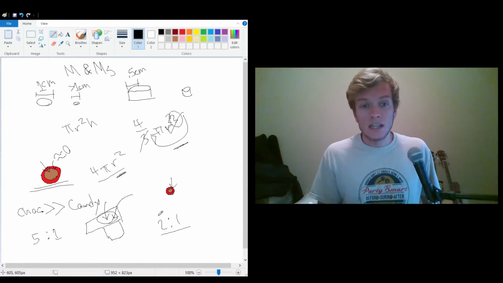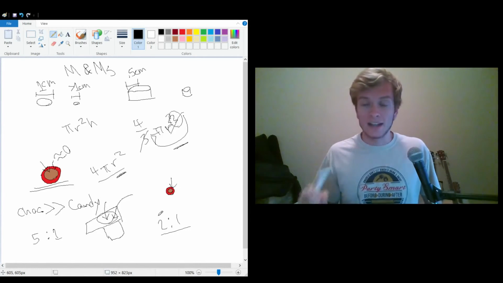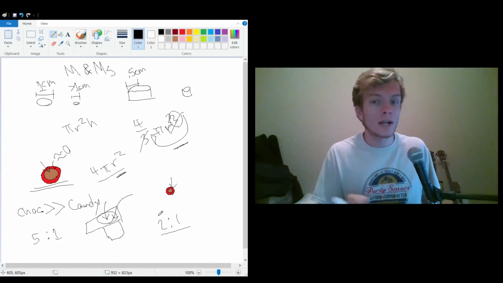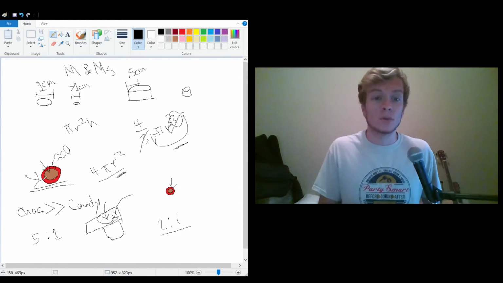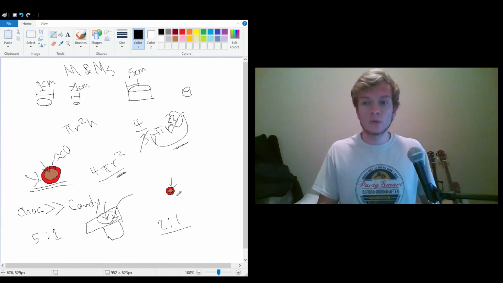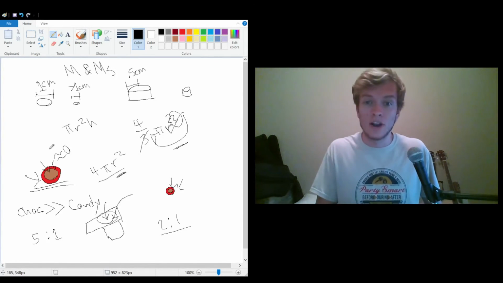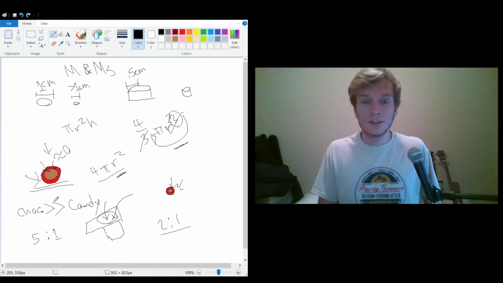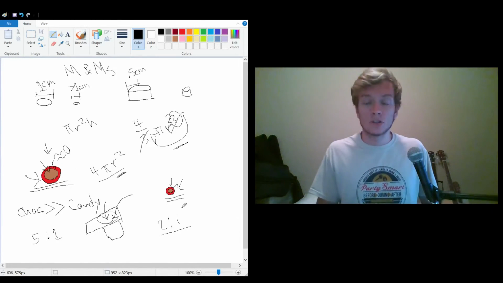Now, obviously, if you are only eating one miniature M&M at a time, and then you only eat one regular M&M at a time, you're getting a lot more in general with the regular M&M. But most people would grab a handful of the miniature M&Ms, and say you grabbed a handful of the regular M&Ms, you're going to get a lot more candy in the miniature M&Ms.